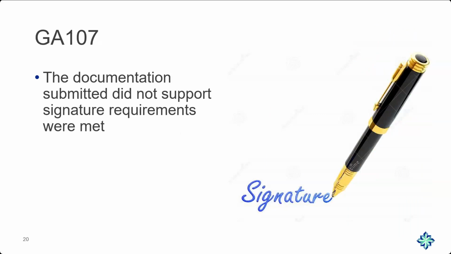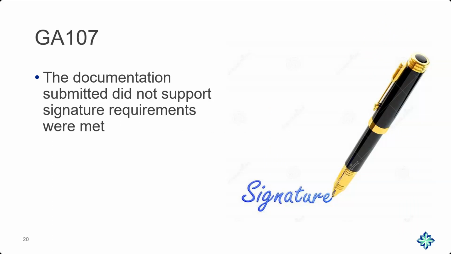Next issue. Under the GA107 is the fact that the documentation did not support that the signature requirements were met. And we just kind of talked about this with the GA105. So verify all entries in the medical record are signed, make sure they're dated, make sure they're legible if it is hard copy.